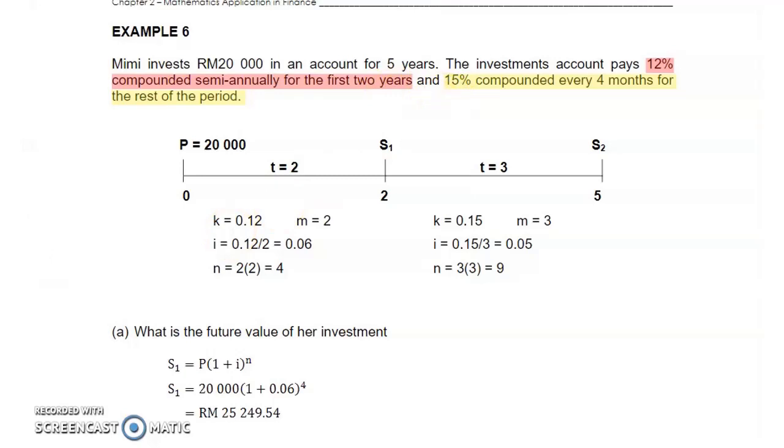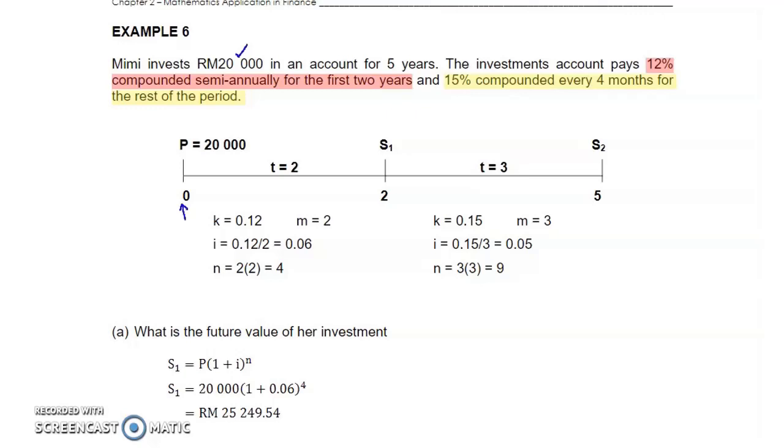For questions like this, I advise you to extract the information given into a timeline like this. So you draw a line like this and then you extract the info given. For example here, Mimi invests 20,000. So this is the principal, and the principal must be at the beginning.